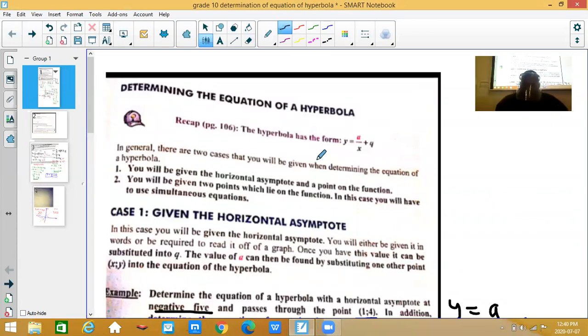Now, today we want to look at determining the equation of a hyperbola.